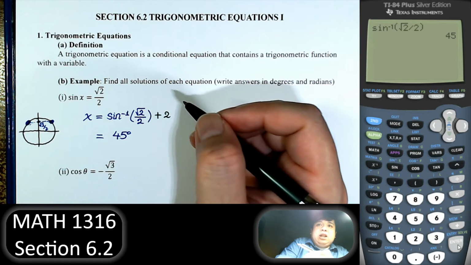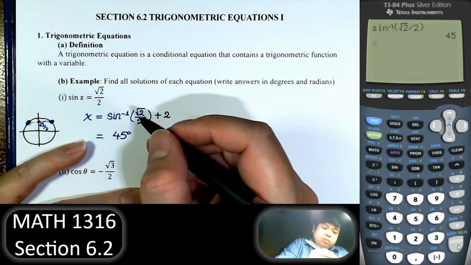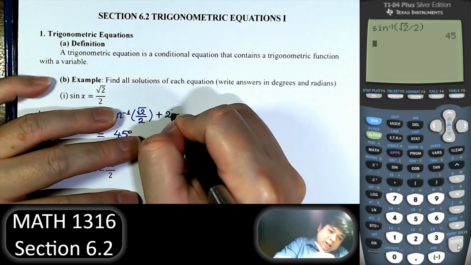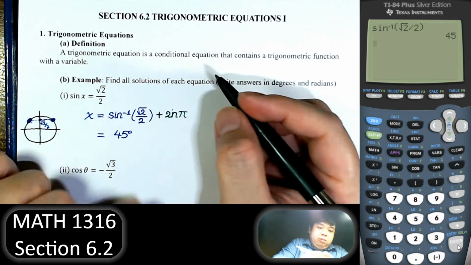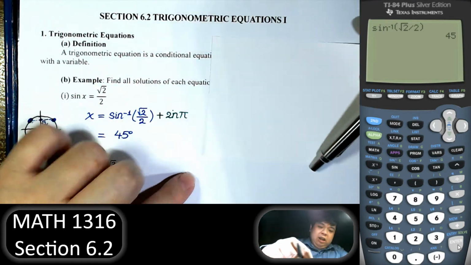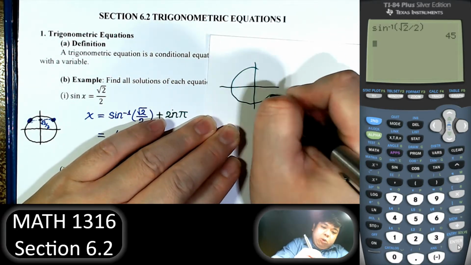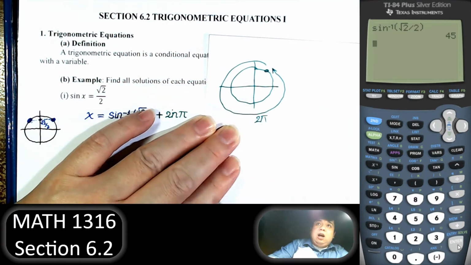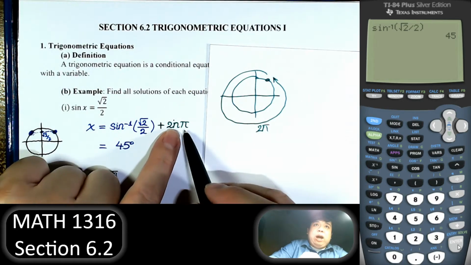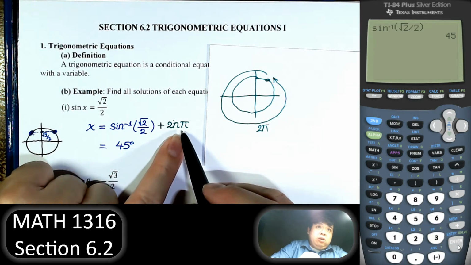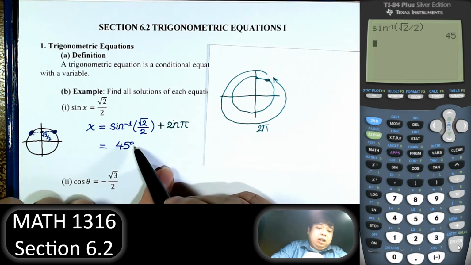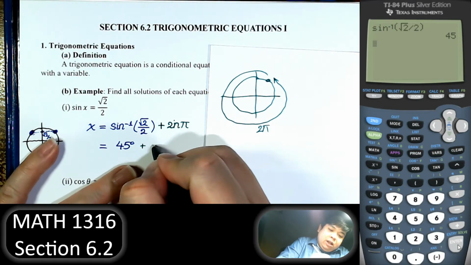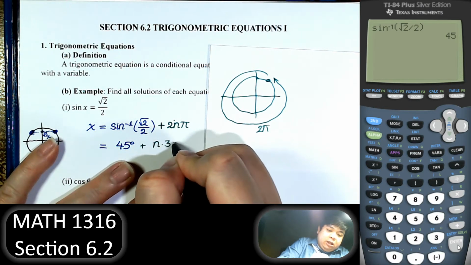In radians, it's going to be plus 2n pi, because 2 pi is a revolution. Whenever we have a point here, if we go an extra revolution of 2 pi, we get back to the same point. So plus 2n pi gives us all the coterminal angles to 45 degrees. Of course, if it is in degrees, we're going to use plus n times 360 degrees.